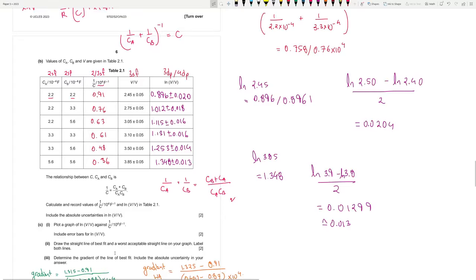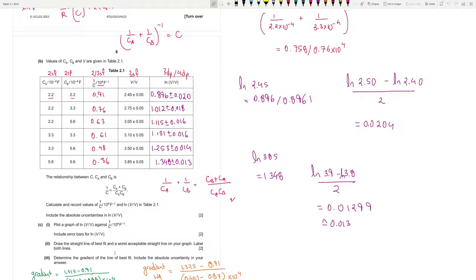And for v, we have ln v. So the rule for ln is a bit different. Basically, for ln, the number of significant figures in the data determines the number of decimal places in your answer. So since you have 3 significant figures in the data, you can give your answer to 3 decimal places or 4 decimal places. So it's 2.45, which is 3SF, so I can give an answer to 3 dp or 4 dp.